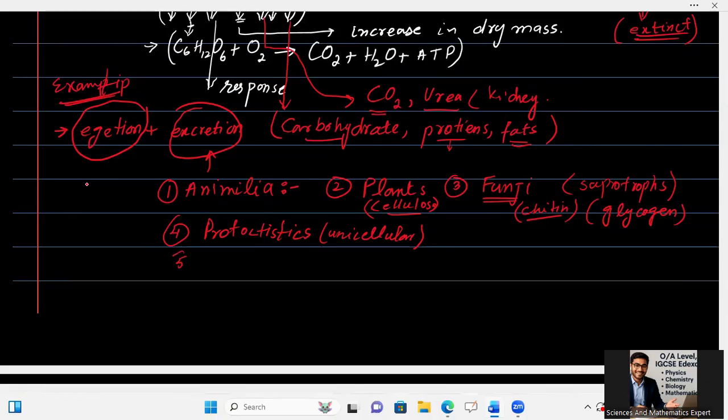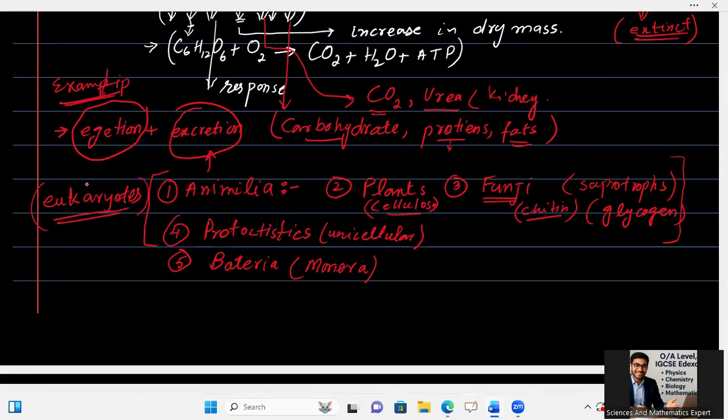After that, number five, the last kingdom, is bacteria, which we can also call the kingdom Monera. The other four kingdoms are eukaryotes, which have a well-defined nucleus and double-membrane-bound organelles.